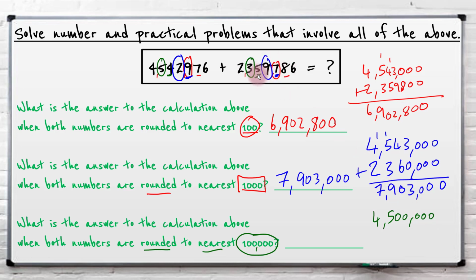Now the 5 will mean the 3 will round up. So it's 2,400,000. Simply add them together. Lots of zeros, which makes it nice and easy. It seems quite hard, this, but it's actually very straightforward if your rounding is solid. And you get your answer of 6,900,000.